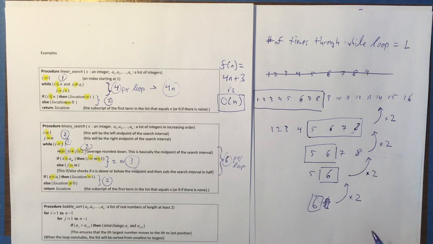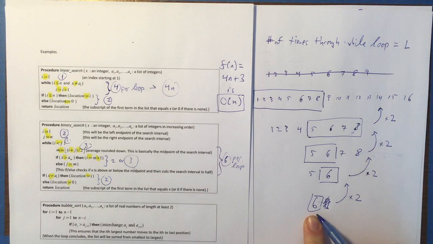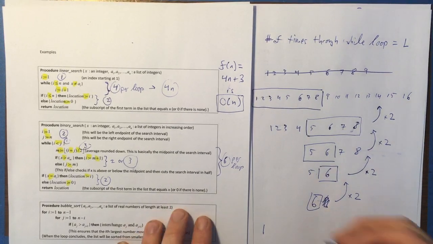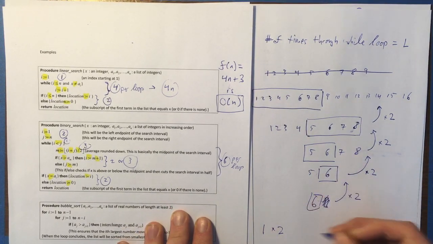So there we go. Now we're thinking backwards. The number of steps is essentially the number of times we had to multiply the length of our list by 2 in order to get from 1 up to the total length of the list. So it's 1, and then times 2, some number of times.